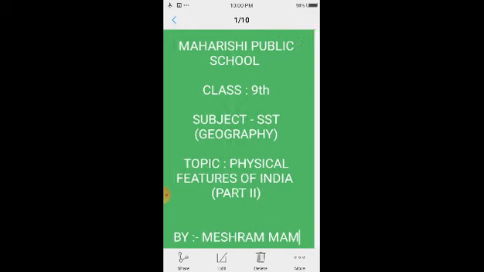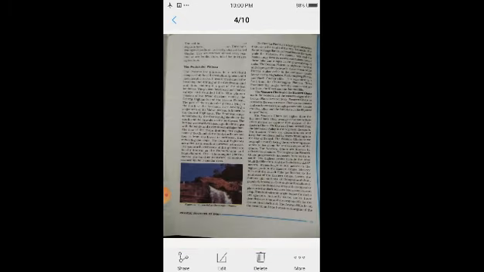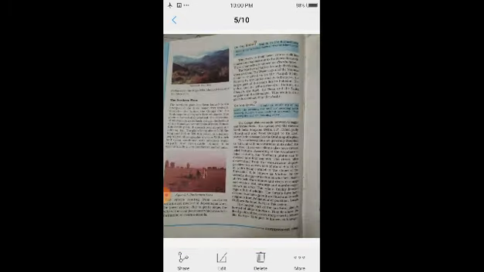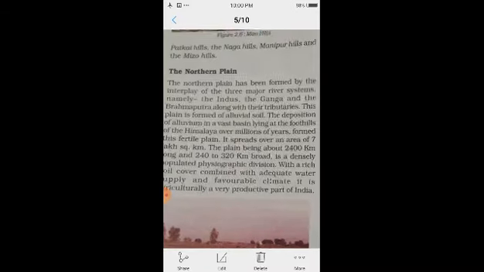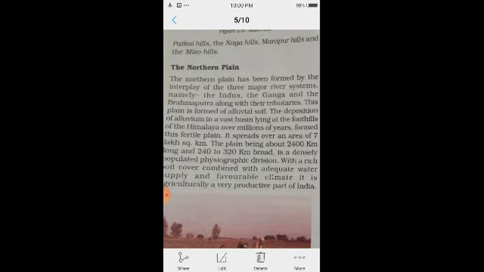It is on page number 12 of your textbook, the Northern Plain. The Northern Plain has been formed by the interplay of three major river systems, and which are they?